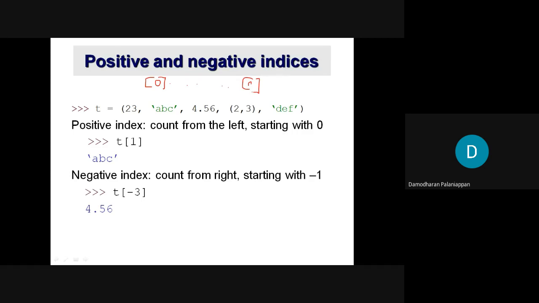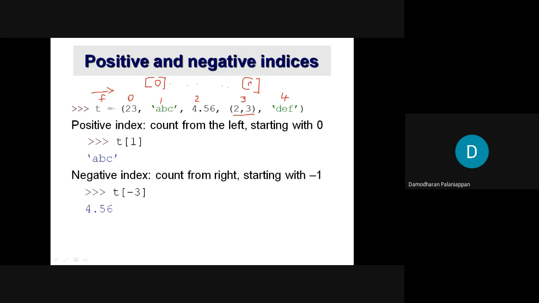I'm giving an example here. If I use the positive index, it starts from 0, 1, 2, then index value 3, then 4, if we are accessing from the forward side.